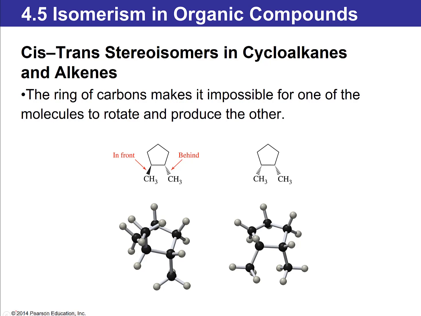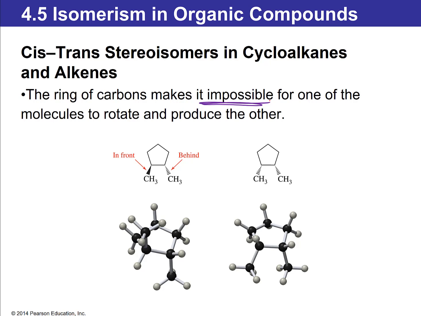Last kind of isomer is cis and trans. You only see this if you have ring structures because the ring creates a rigid structure. If you take the balls and sticks, they'll all rotate if they're single bonds. You have free rotation with single bonds, but when you make a ring structure, it is impossible for those molecules to move.